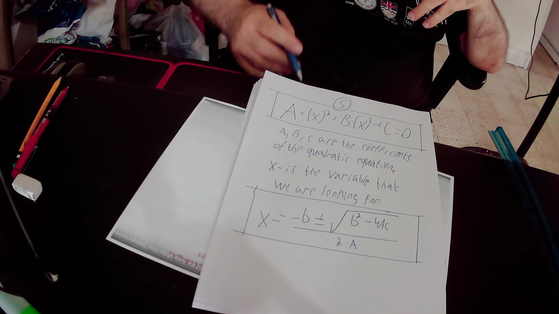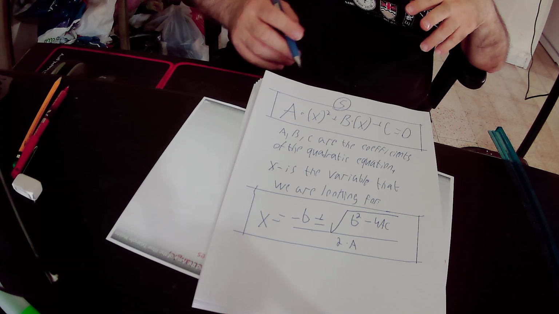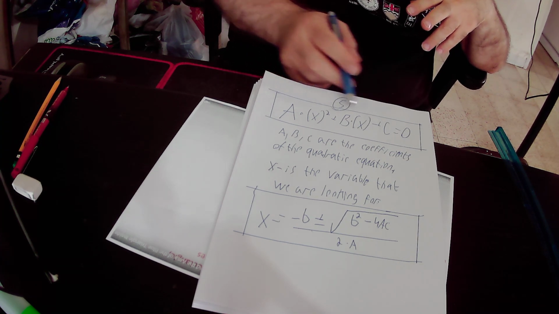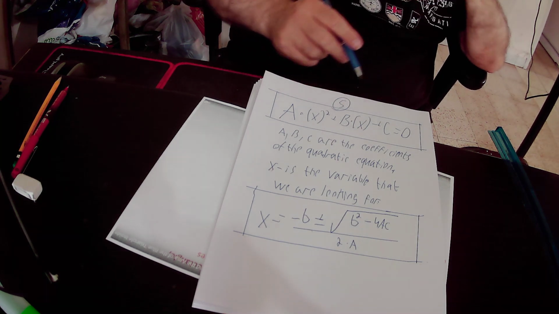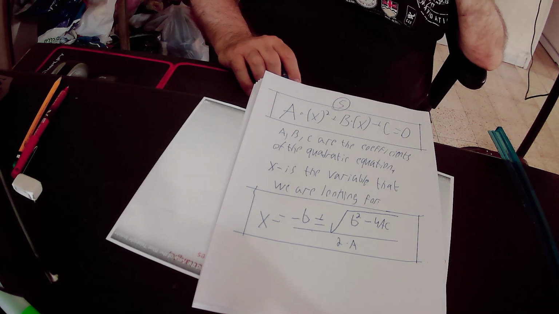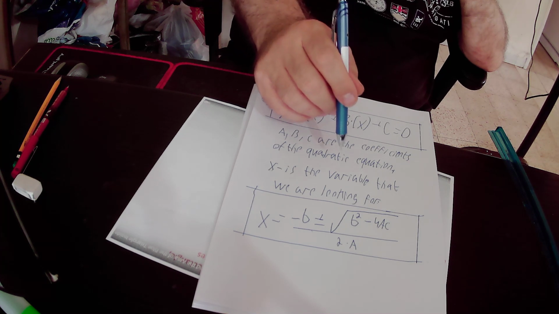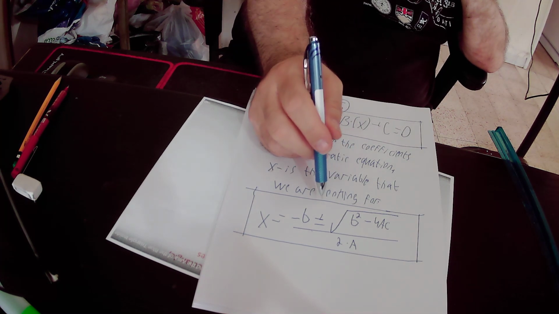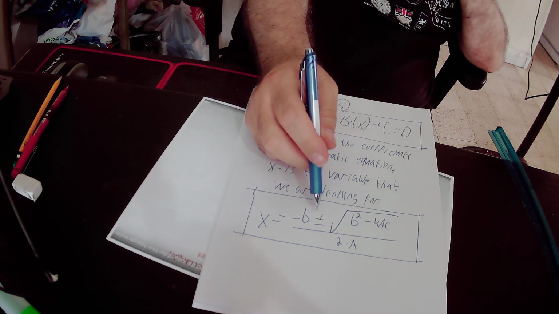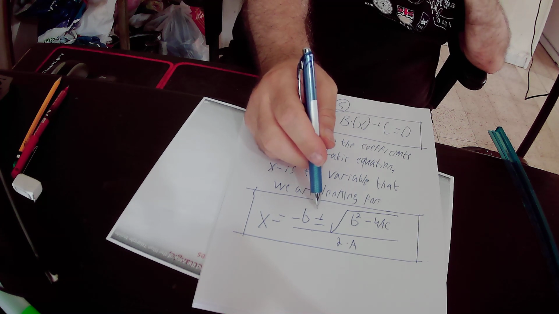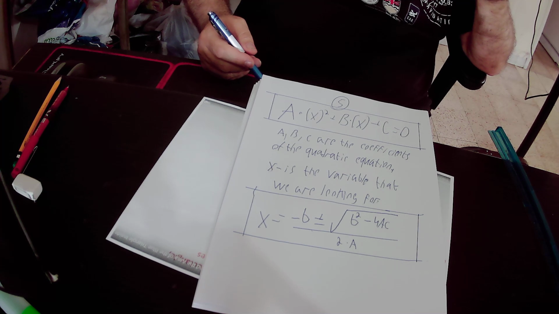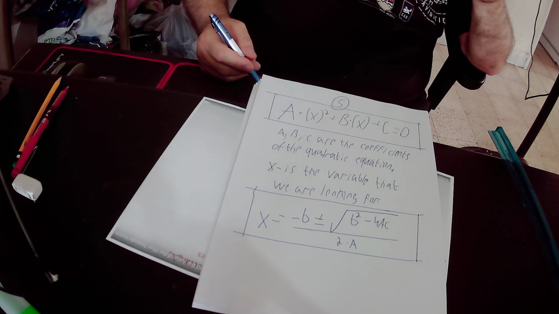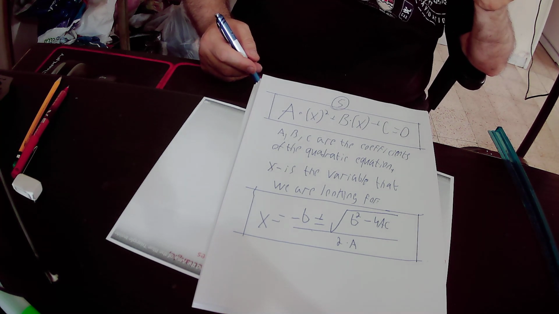When a, b and c are the coefficients of the quadratic equation, this is a, b and c, and as you can see in the special equation for x we have minus b plus minus, so that implies that we might have two different solutions for x.